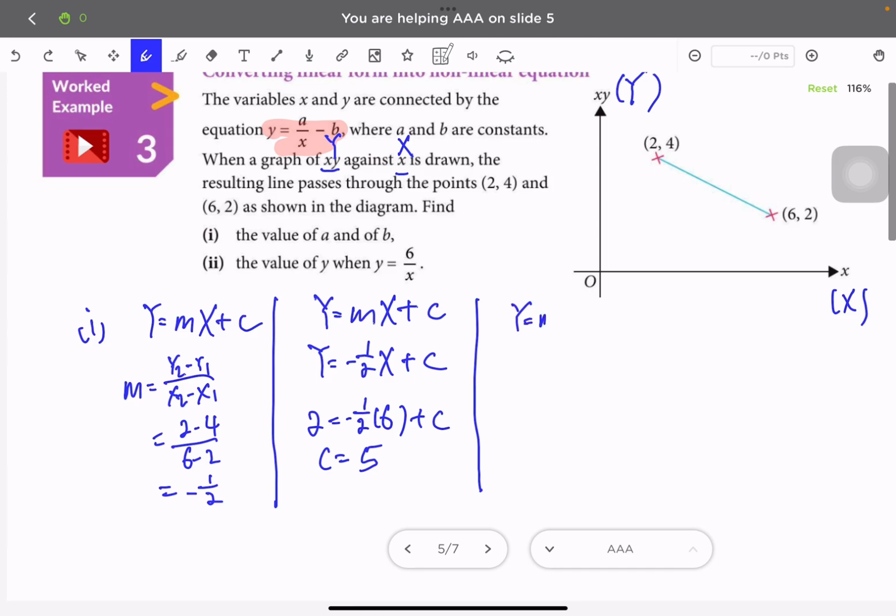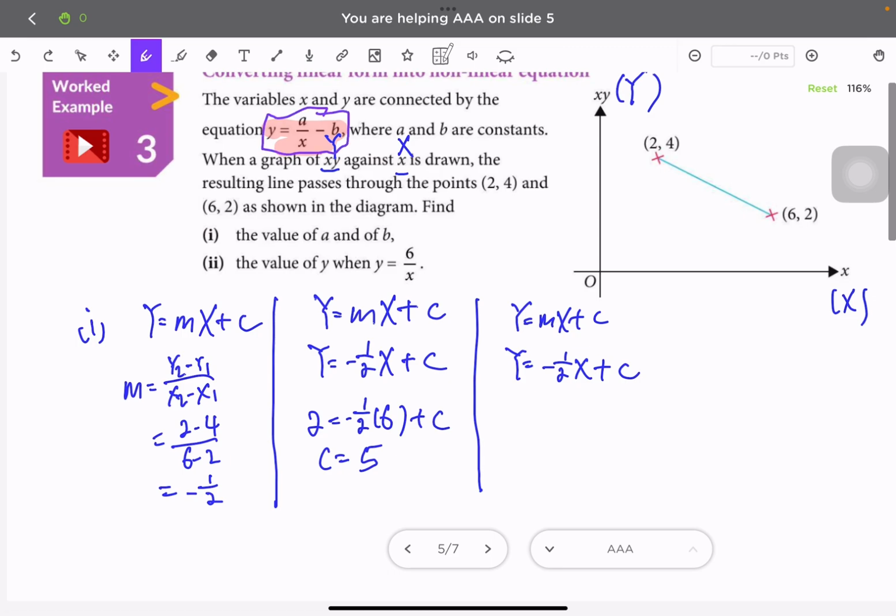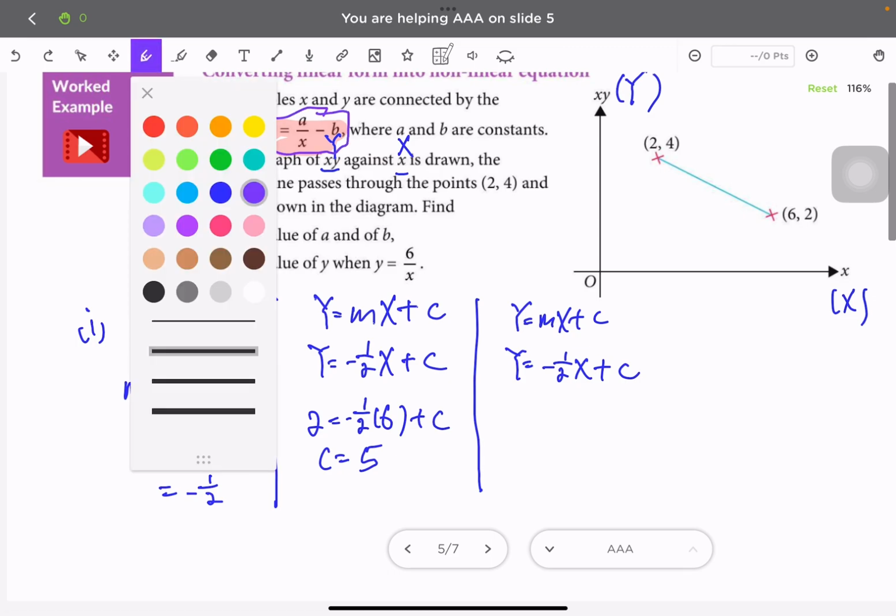So the actual equation of the straight line, y equals mx plus c, is now written as y equals negative half x plus c. But do remember that we have used xy as the big Y and x as the big X. So we need to substitute back, to do a comparison with the original equation, which is the red highlighted equation that I have drawn.